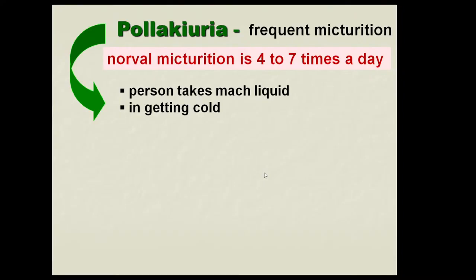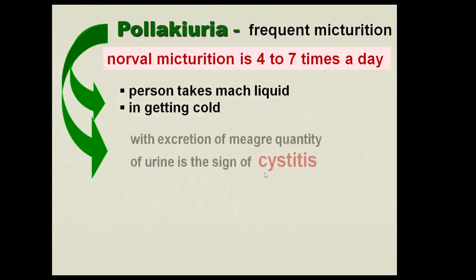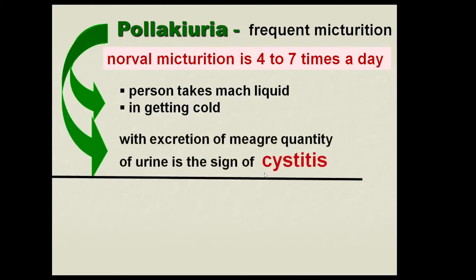Sometimes I think you feel this problem when you are overcooled or when you intake much liquid. Pollakiuria is characteristic for affection of lower urinary tract due to irritation of urinary bladder or urethra. We are talking about cystitis or urethritis.